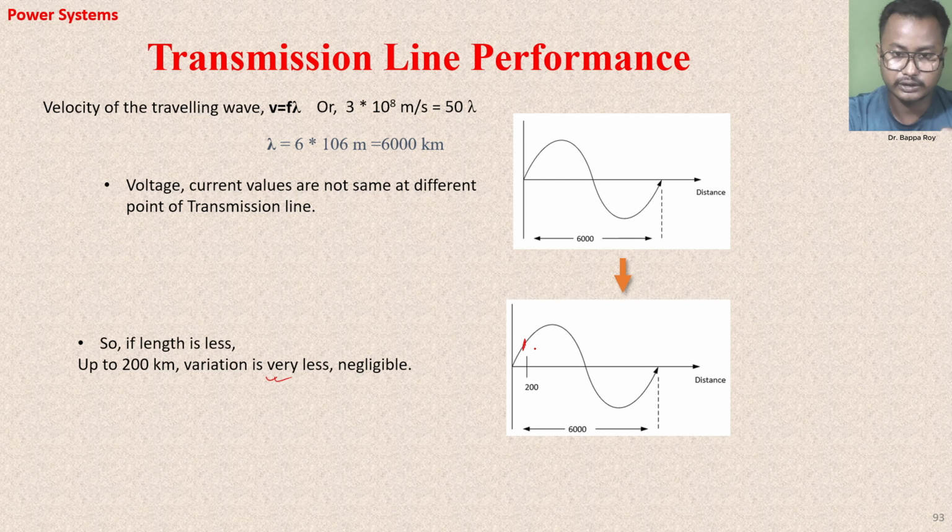If we consider only a small portion, only 200 kilometers, the variation is very small. Simple thing. In the same graph, we are considering only a small distance, 200 kilometer, so we'll get very little variation in the value of voltage and current.